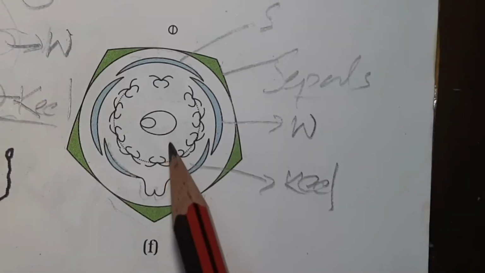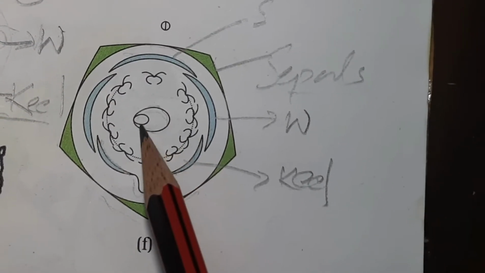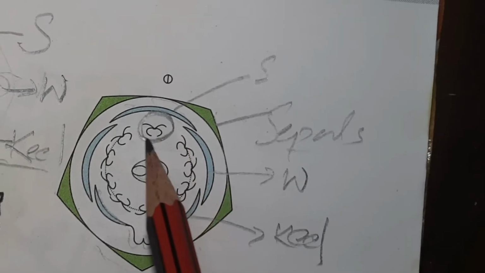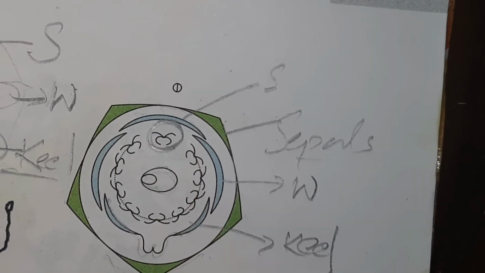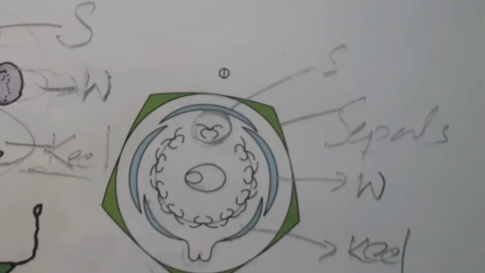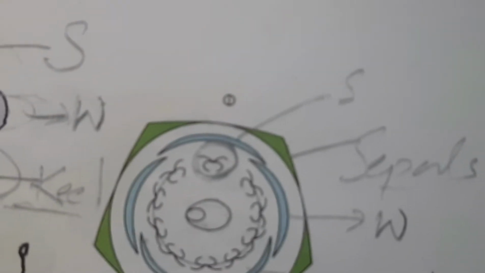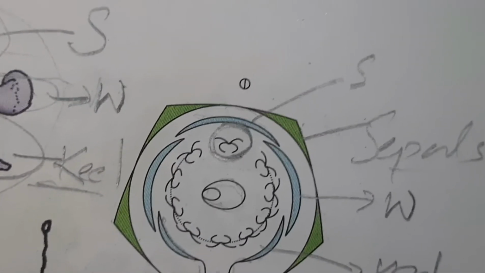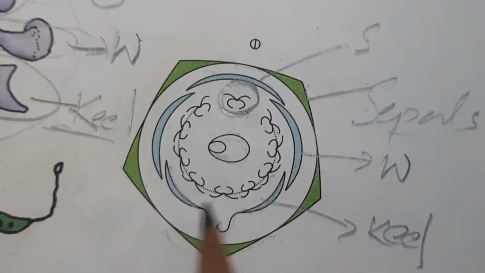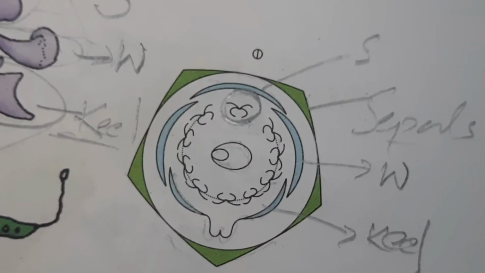This one is the carpel. It has one carpel, and these insect-like structures are actually the androecium, actually the stamens. The collection of stamens is called androecium, and they collectively form the androecium.